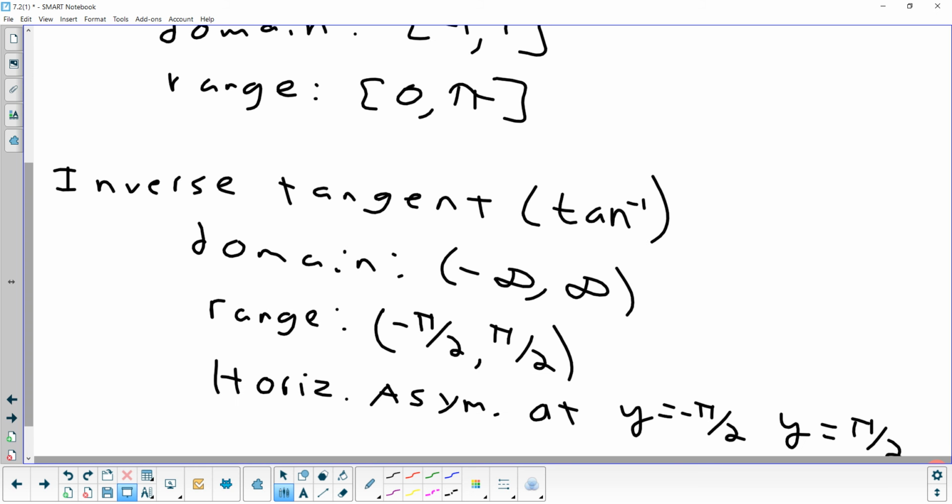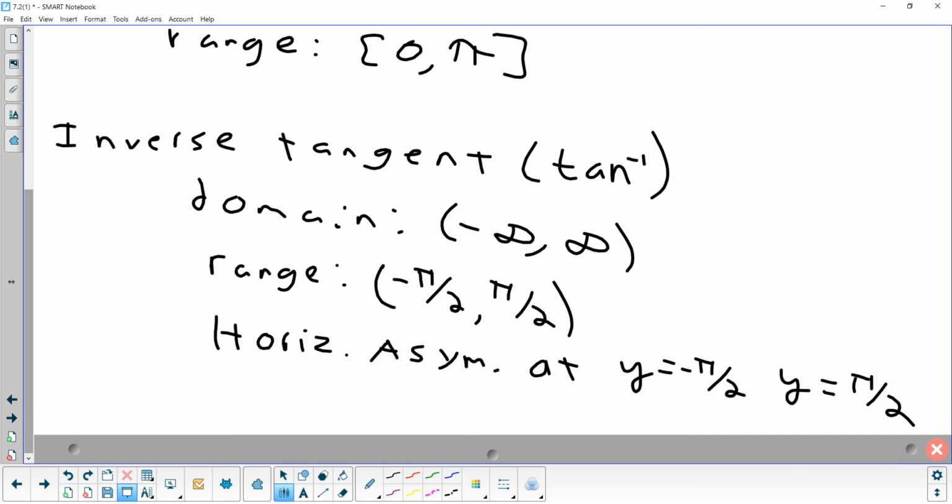We're going to have horizontal asymptotes. They're still at exactly the same spots they were, pi over 2 and negative pi over 2. But instead of being verticals, now they're horizontals. All right, let's take a look at inverse tangent. So regular tangent went up and down forever. Inverse tangent is going to go left and right forever.